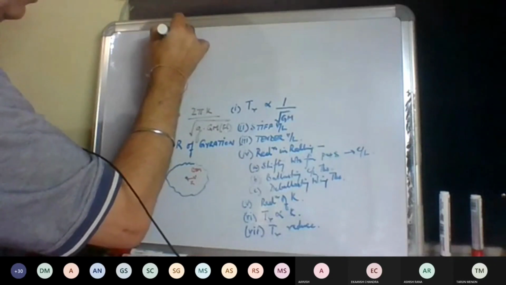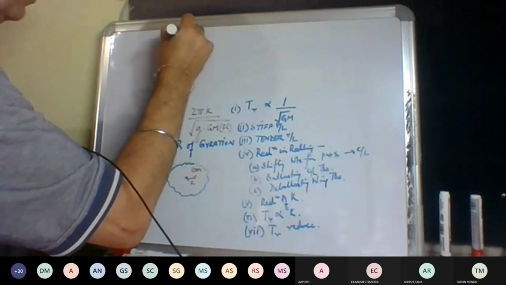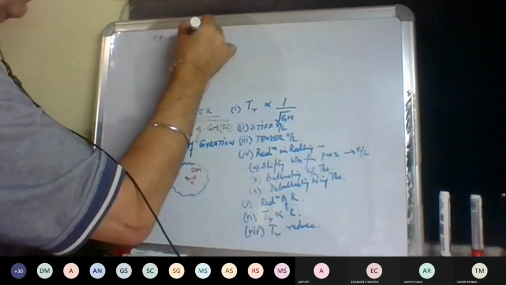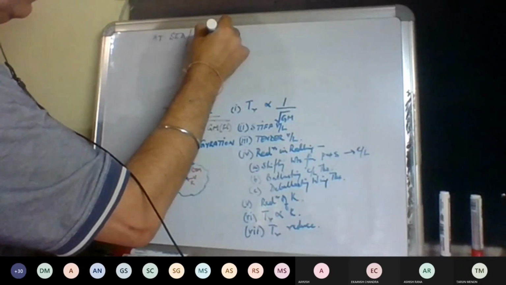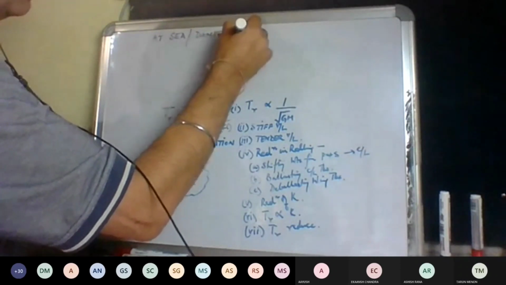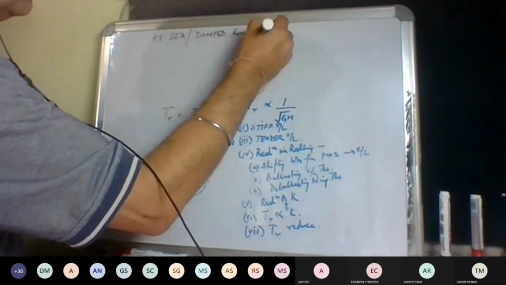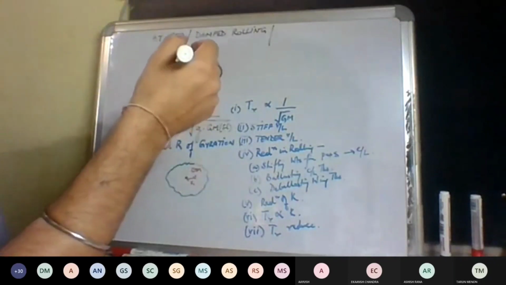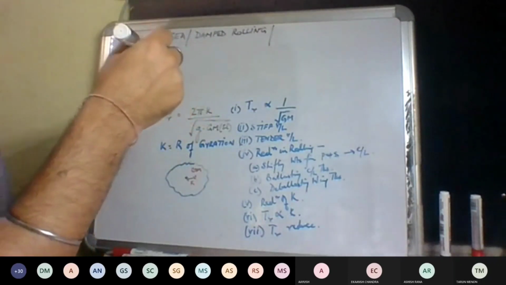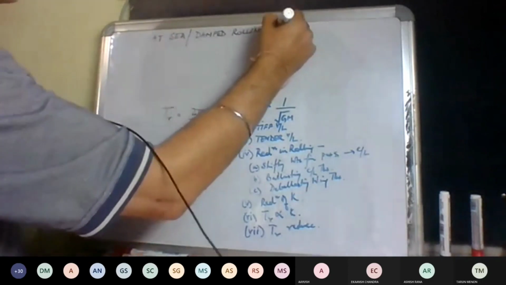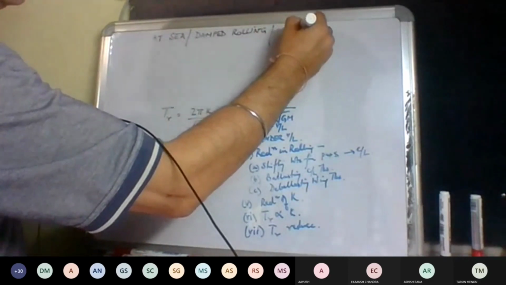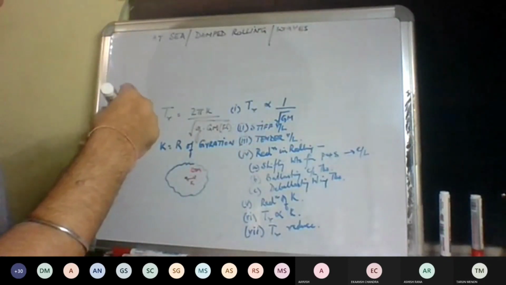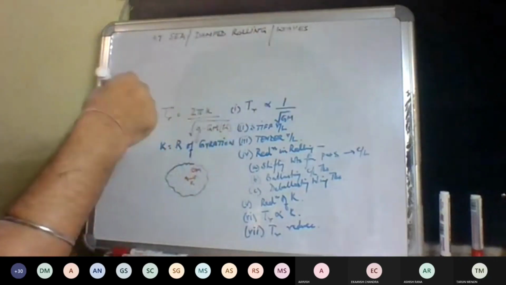So heavy sea rolling, at sea rolling, is also called damped rolling, also called rolling under waves, the effect of waves and the effect of sea.